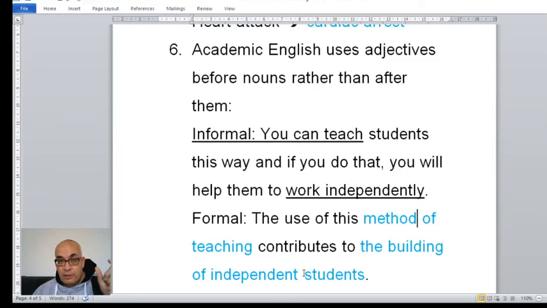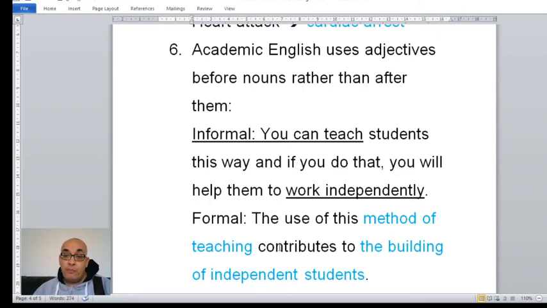The word students is a noun. Independent is the adjective. So I use adjectives before nouns. And if you say "you can teach students," this is informal. It's better to say the method of teaching, or the use of this method of teaching. You can leave it as "you can teach," but it's better to say the method of teaching.